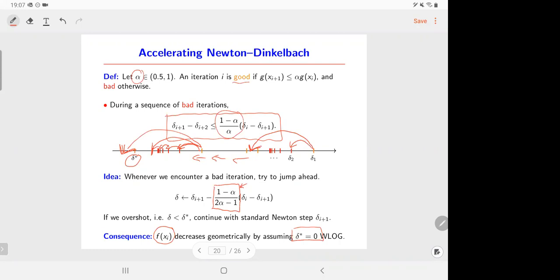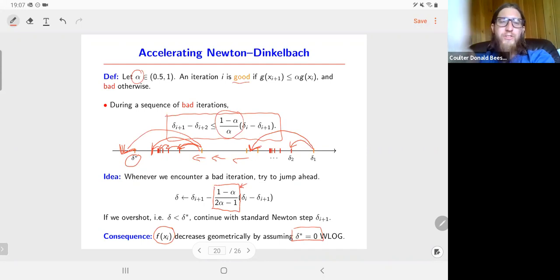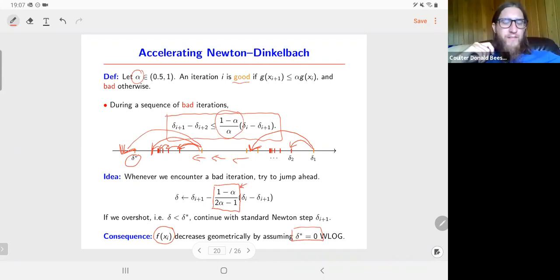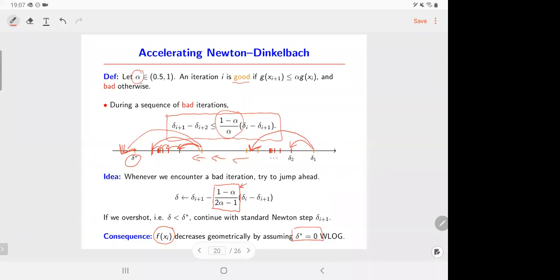Yeah, that could be a plausible acceleration scheme. I was thinking, even when you overshoot, just start working backwards. You go to the left of delta star, then you move in the opposite direction. Yes. So what it means to overshoot is that the h of delta is now negative.